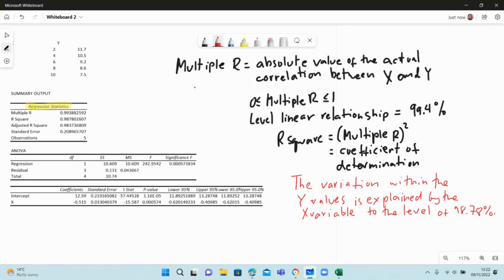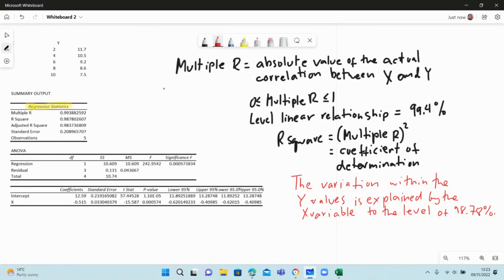Okay, now going to the adjusted r square value. So what is it? Our adjusted r square value here is 0.983736809, and the adjusted r square value has the same purpose or function as the r square. It is also an indication of how much the x variable explains the variation within the y variables. The only difference being the adjusted R square takes into account the presence of possible non-significant independent variables.